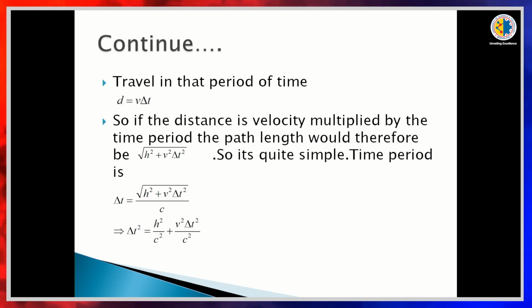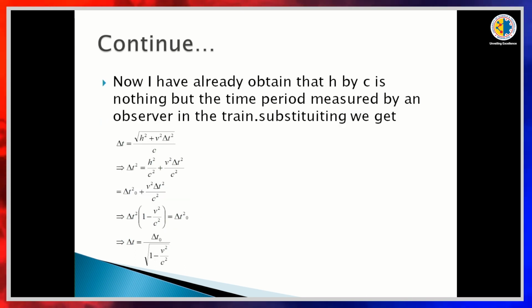The time period delta t is equal to distance divided by the speed of light. Therefore, delta t is root over h square plus v square delta t square divided by c, and simplifying we get delta t square is equal to h square by c square plus v square delta t square by c square.